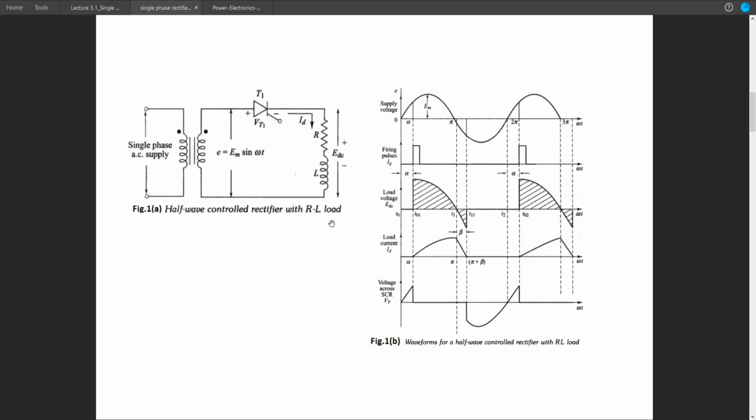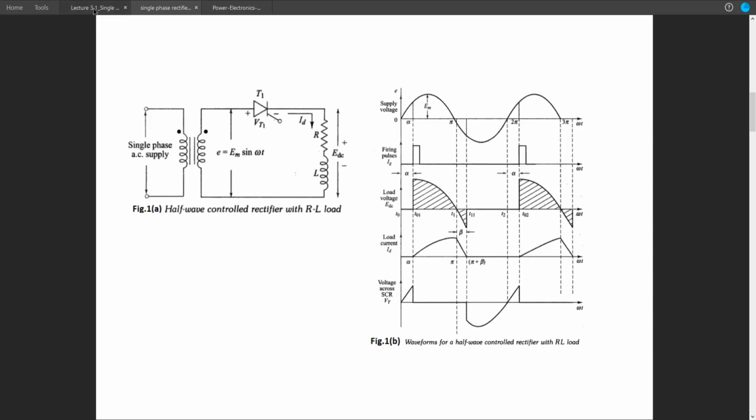If we want to derive the formula, the range of integration will be from alpha to pi and pi to pi plus beta, since this delay angle is called beta.